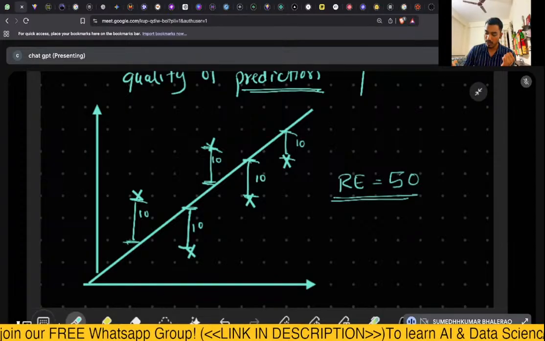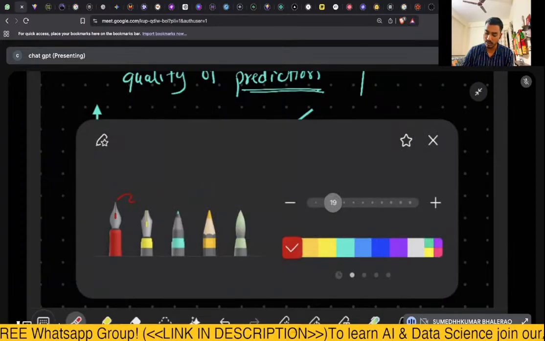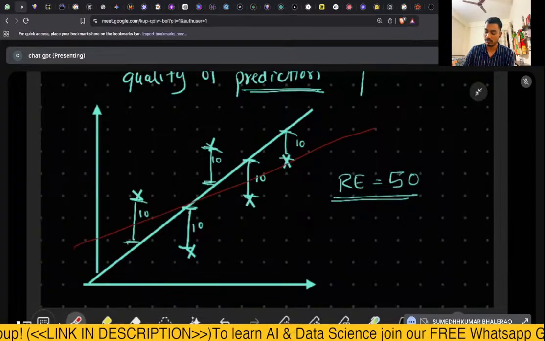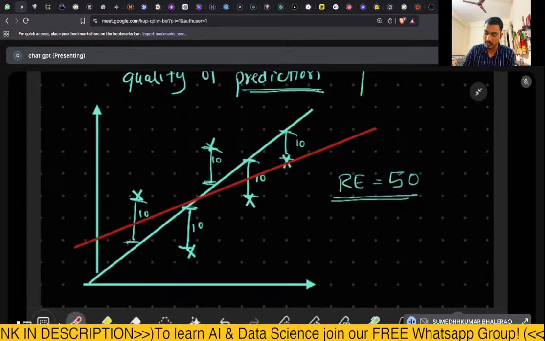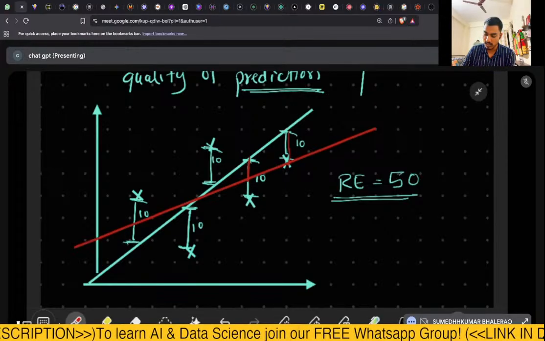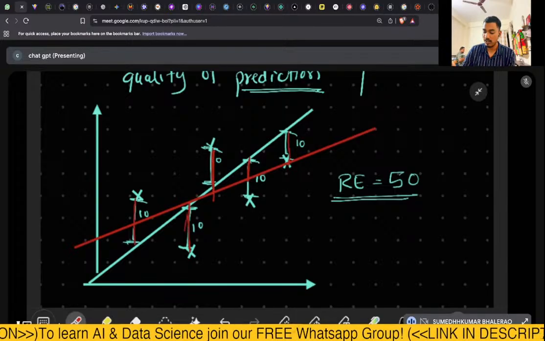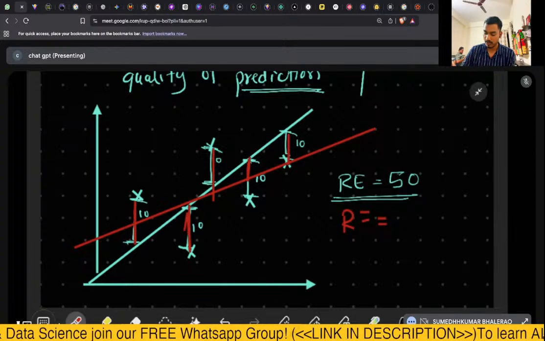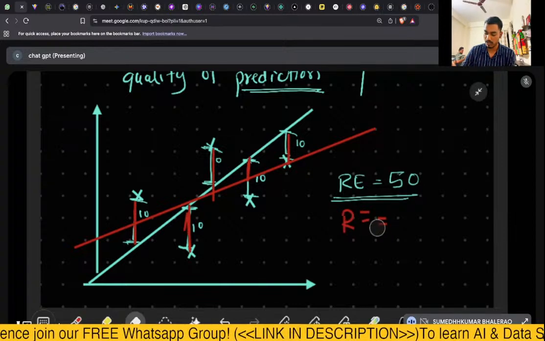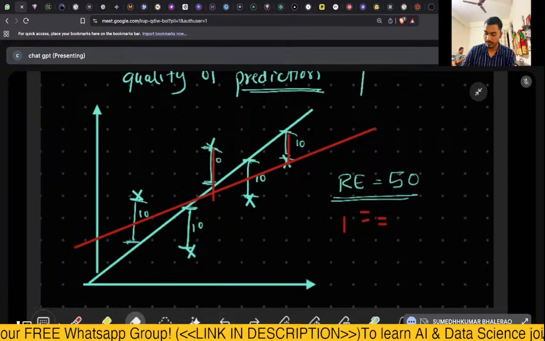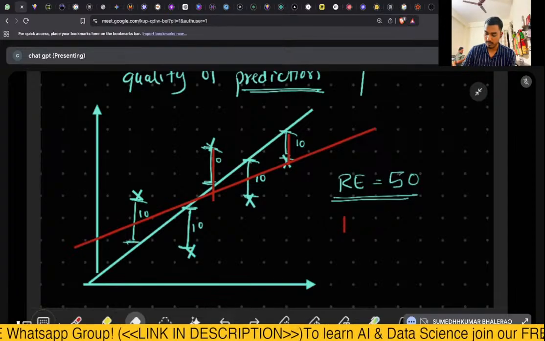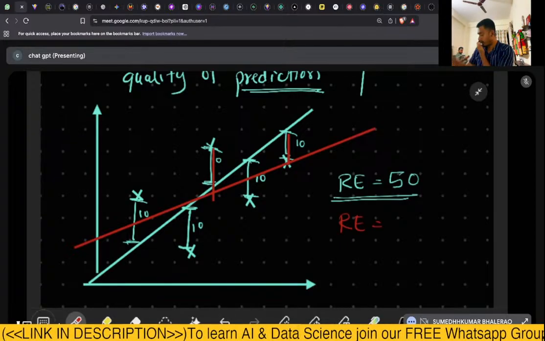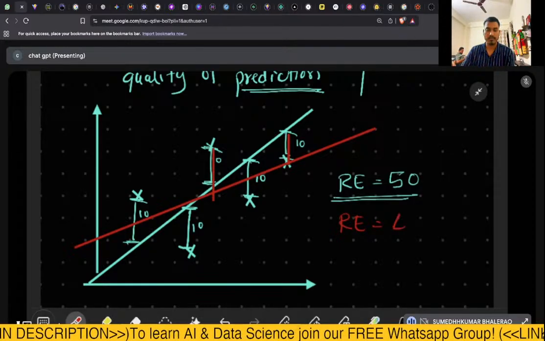Now for example, I have drawn one more line. And the distance between this, this, this, and this, the new residual error is, for example, 40.